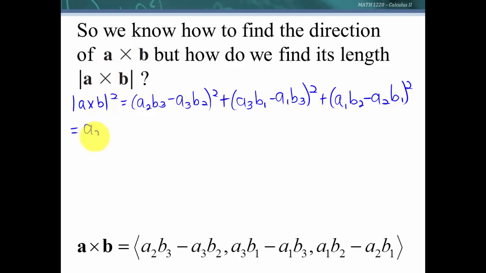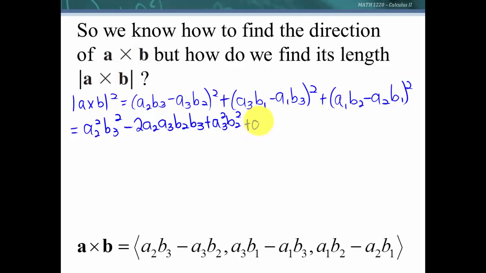So this would be A2 squared B3 squared, and the middle term we'd have negative 2 A2 A3 B2 B3, and then the last would be plus A3 squared B2 squared.